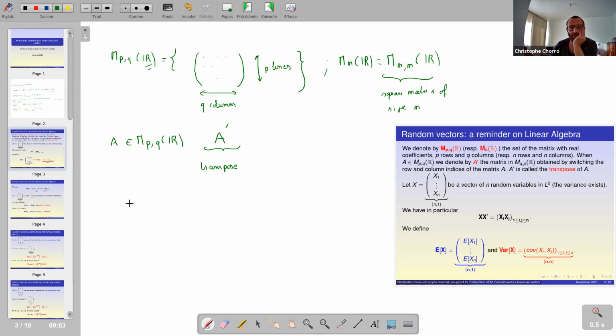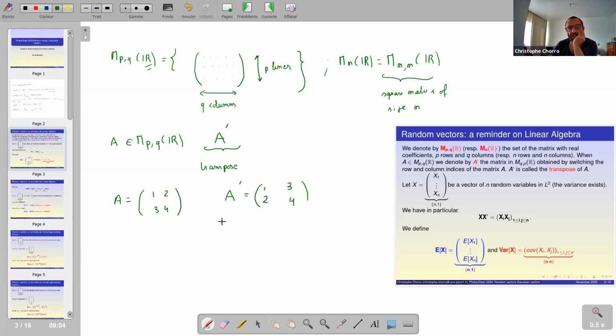So for example, if I take a little example, A equal to 1, 2, 3, 4, and I take A prime, what will I obtain? The transpose matrix: the first line becomes the first column, the second line becomes the second column.